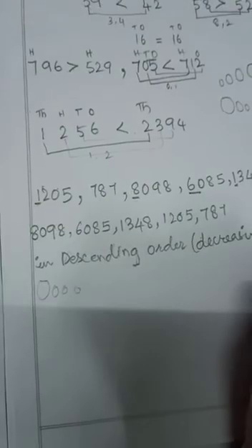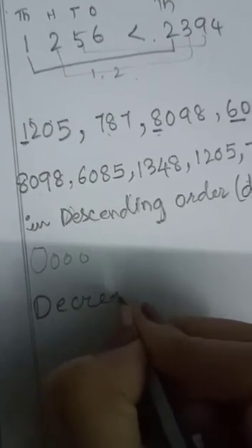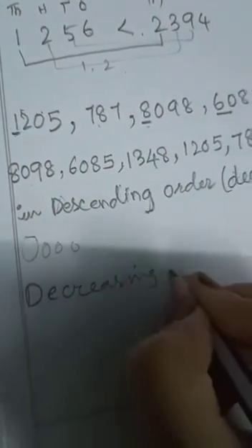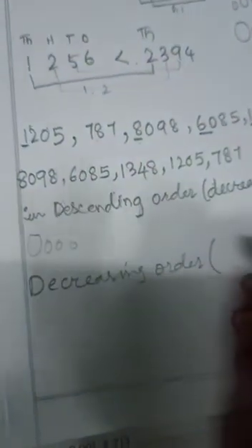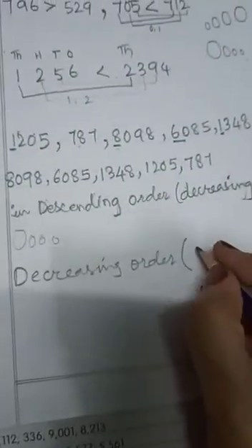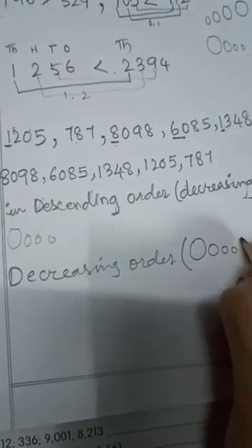So decreasing order is nothing but, what will we do in decreasing order? We arrange numbers from big to small.